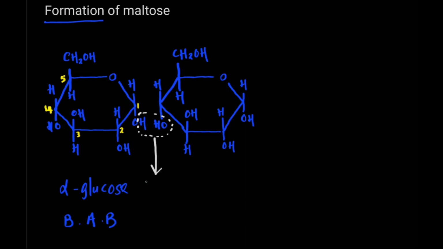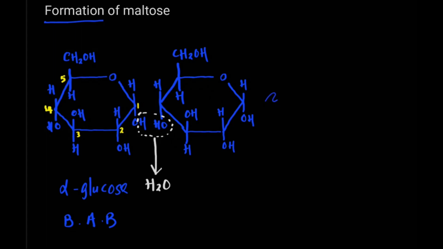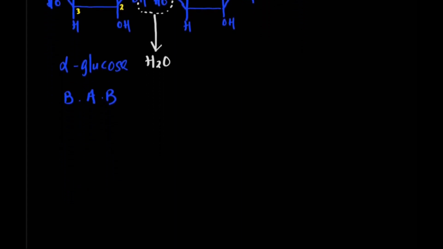So this is one water removed. Now we move on by drawing one arrow to show condensation, because this is a process involving the removal of water, with the product, which is maltose.